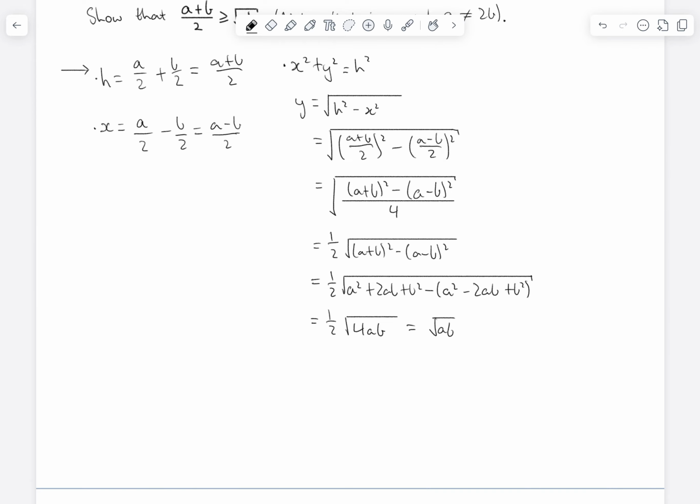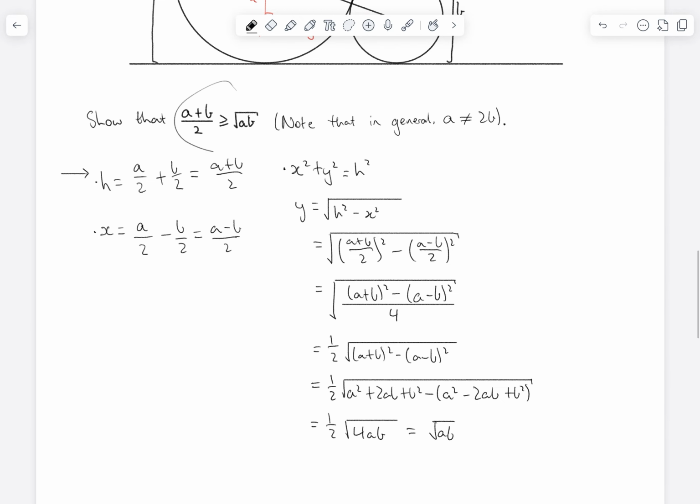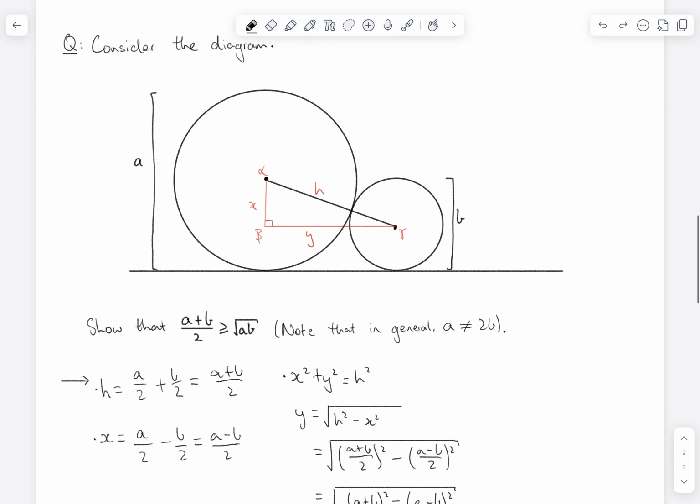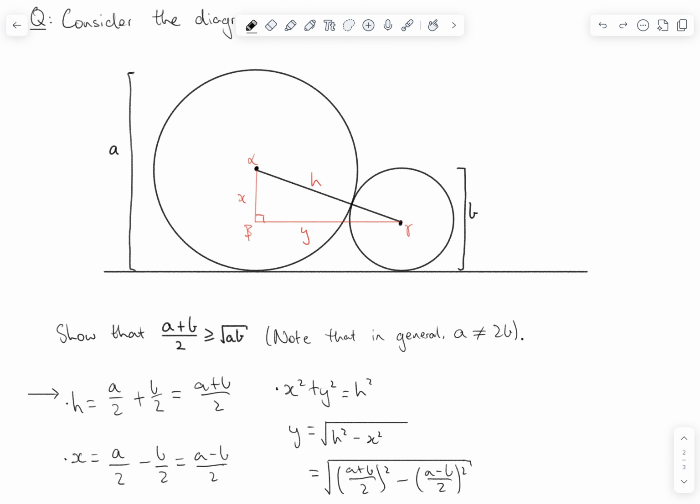We want to show this. So we have that expression root a times b. But how do we force an inequality here? So let's think of something that we know. Well, let's look at the triangle alpha, beta, gamma, the one I've drawn up here.